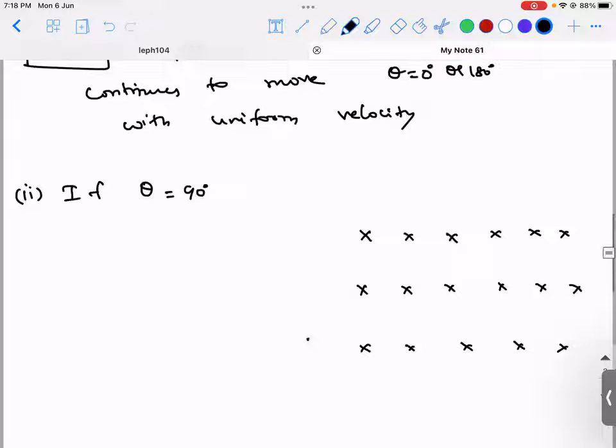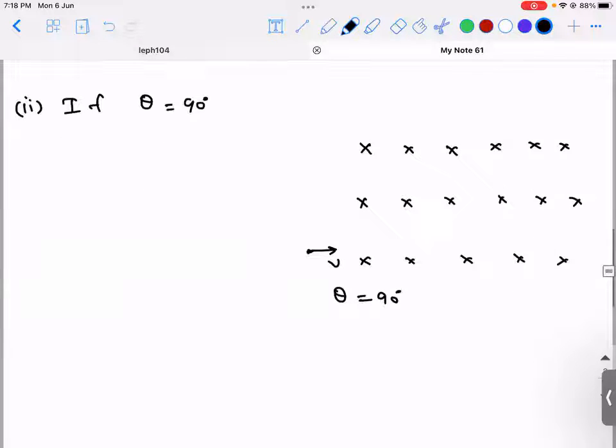Okay, and there is a charged particle projected with velocity v at an angle theta is equal to 90 degrees. So once it starts entering the field, F will be equal to Q into V into B into sine 90 degrees. Correct? So sine 90 is going to be 1. So it is going to be QVB. So this is the value of force.